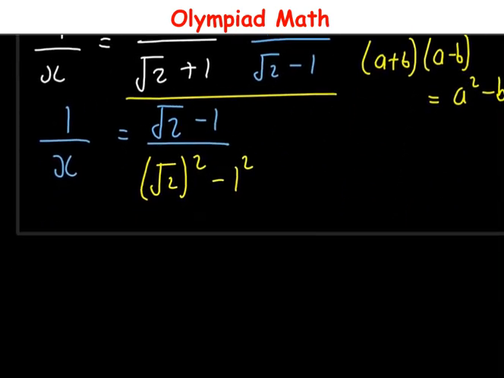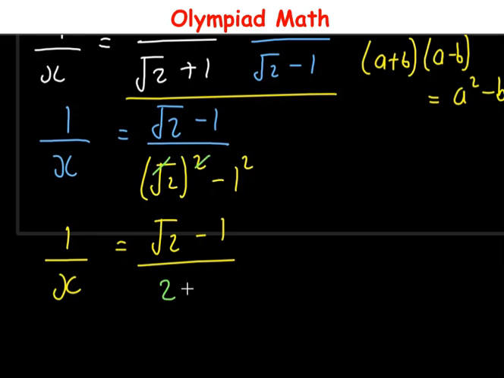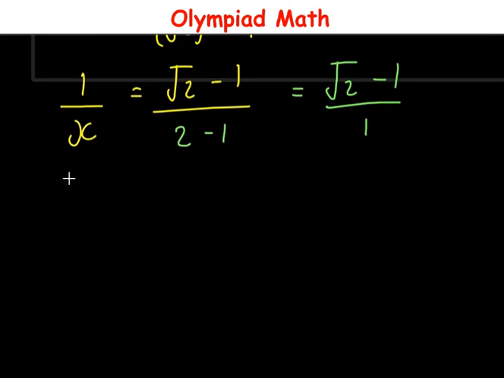So we have 1 over x equals square root of 2 minus 1 over, the square cancels the square root, we have 2 minus 1 squared, which is 1. So this equals square root of 2 minus 1 over 2 minus 1, which is 1. And with this, we have 1 over x equal to square root of 2 minus 1.